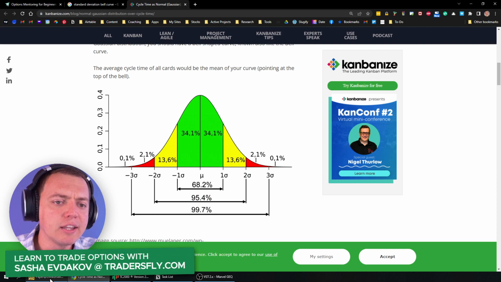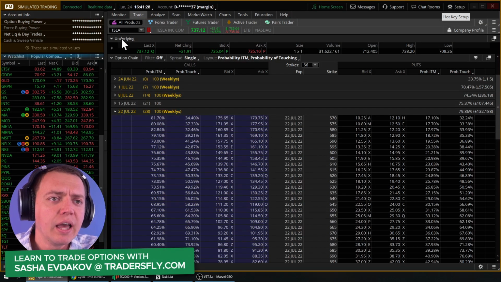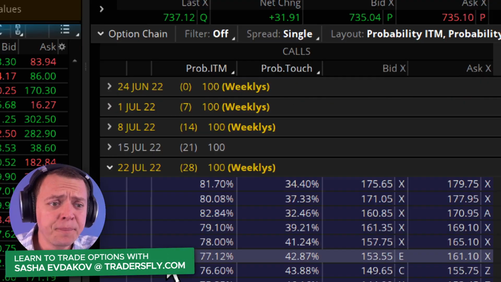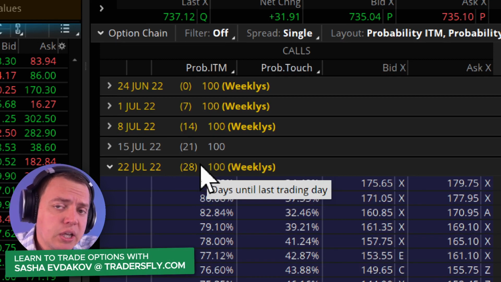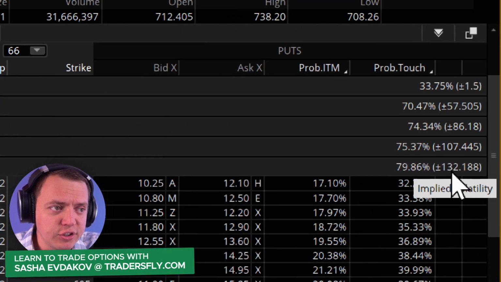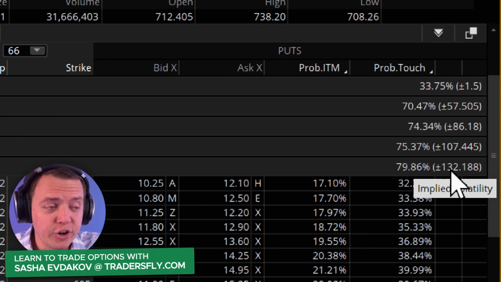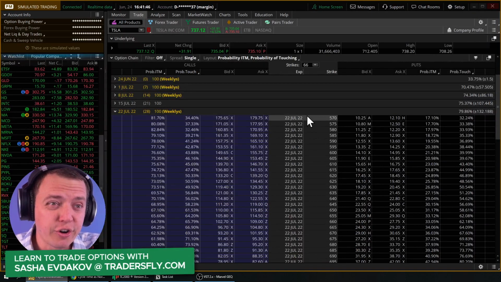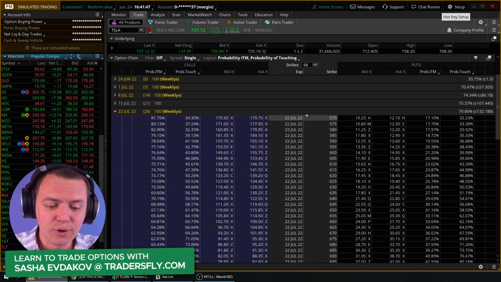If we look at the standard deviation of the move, let's take Tesla, for example. We could go to the 28-day option and say, I wonder how far this stock could move in the next 28 days. Well, you can go to the expected move here. This is the implied volatility, and this is the expected move. Call it 130, so we're expecting a 130-point move up or down in the stock.